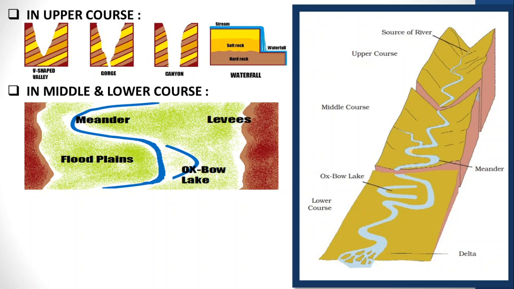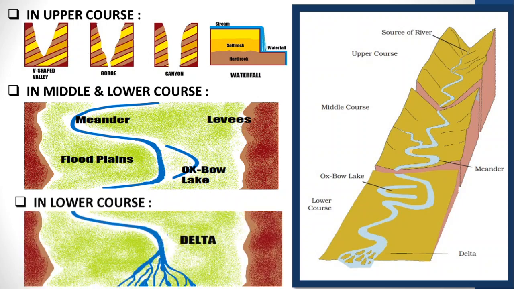Middle course features made by river: meanders, oxbow lake, floodplain, levees. Lower course: the same features you have seen, meanders, floodplain, oxbow lake, levees. Besides this, the main feature of the lower course is delta, the triangular shape of land formed at the mouth of the river.